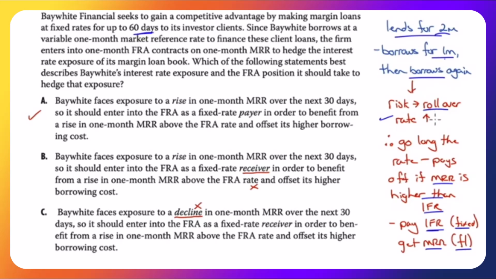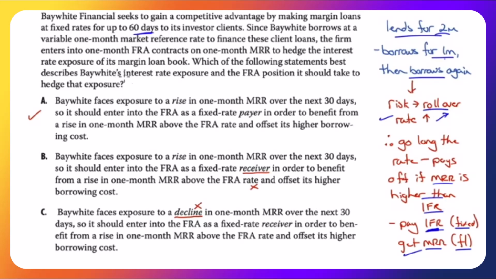Our risk is if the market reference rate goes higher. So why not say, look, we'll pay you the fixed rate, and if the rate goes higher, we'll get the market reference rate. And since the market reference rate will be higher than the fixed rate, it'll pay off, which will offset our higher borrowing cost to our clients. So we're looking for the interest.